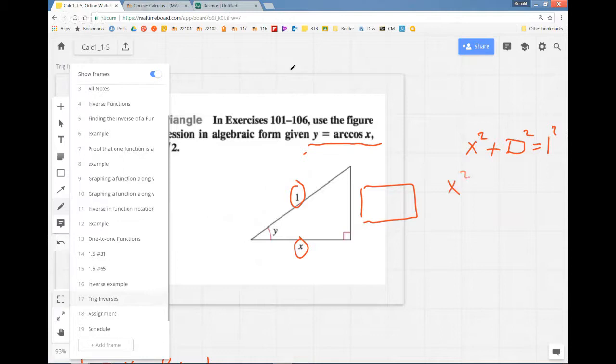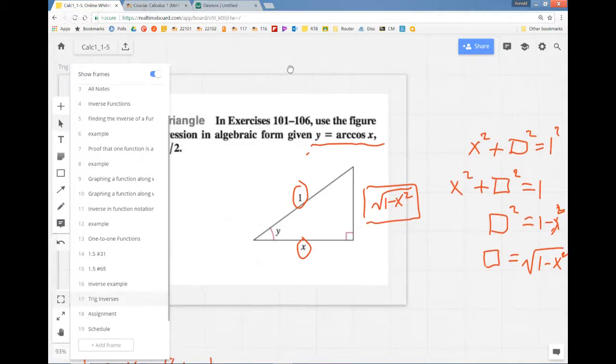X squared plus box squared equals 1. So box squared equals 1 minus x squared. And that means box is equal to the square root of 1 minus x squared. And now that you know that, you can do these problems.